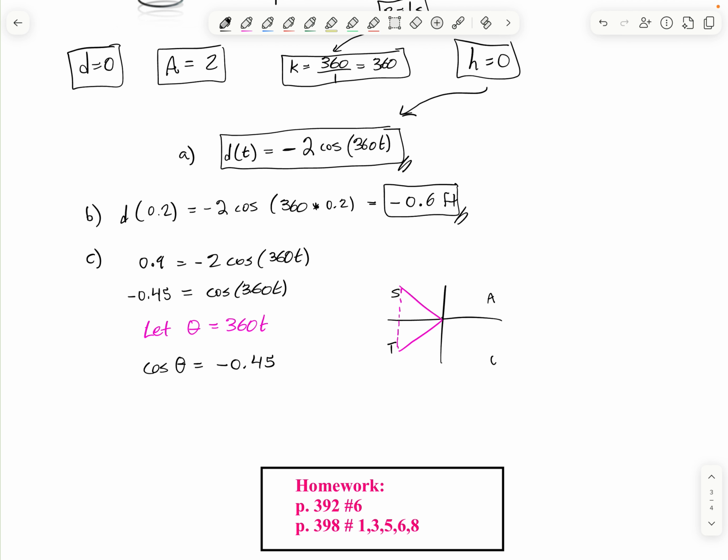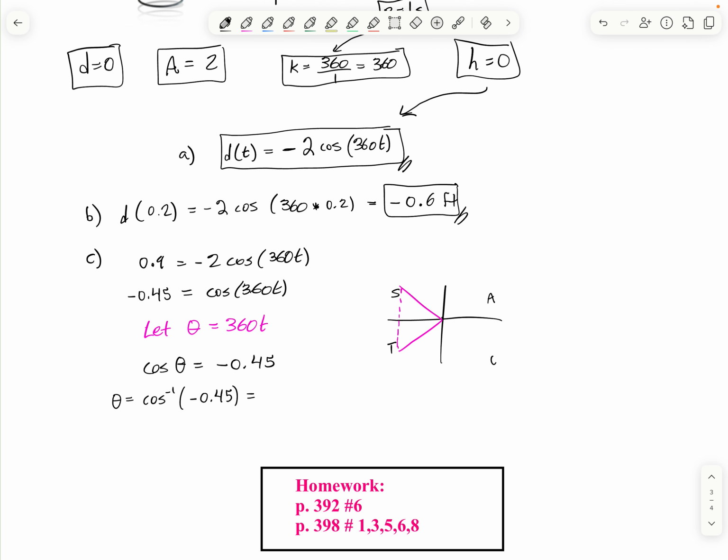This is not a special triangle, right? So it's okay, we have a calculator. So the inverse cosine: theta is going to equal cos inverse of negative 0.45. You can literally take the cos inverse of negative 0.45 and see what we get here.